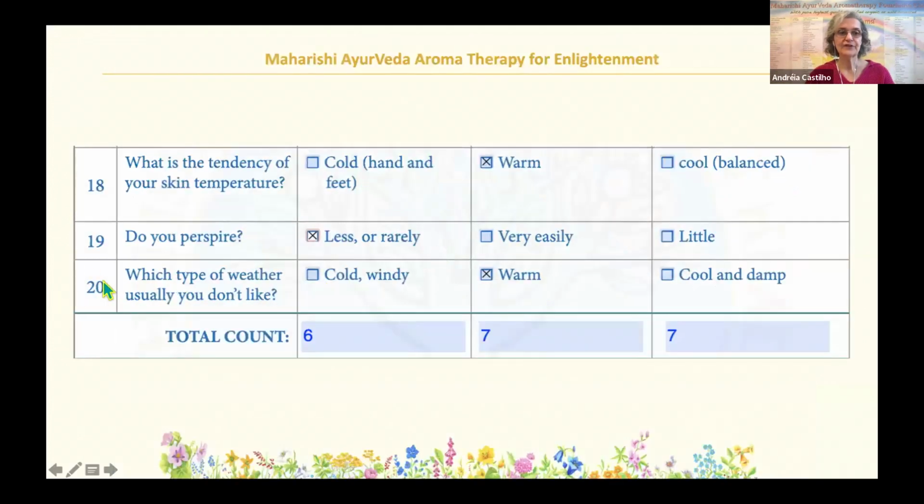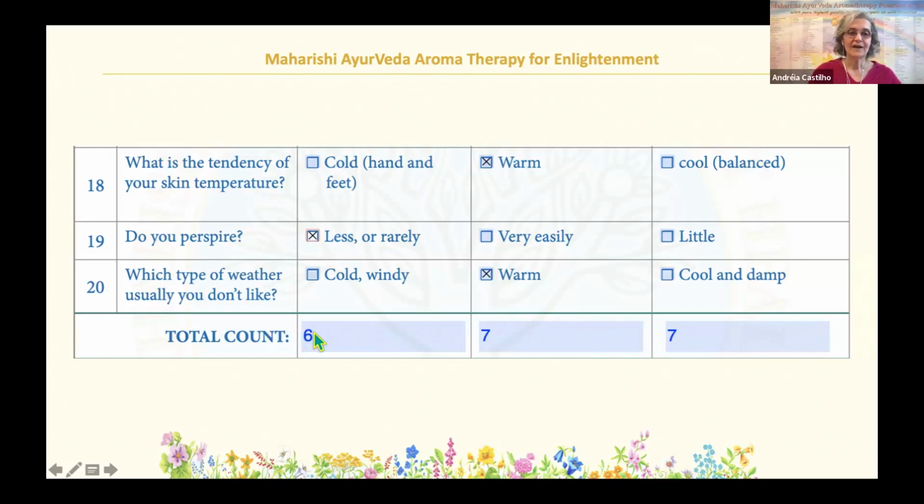It has 20 questions, except for ladies that still have their monthly cycles. In their case, there are a few additional questions. But for men and for young ladies and very young ladies and older ladies who are in menopause, we consider 20 questions.